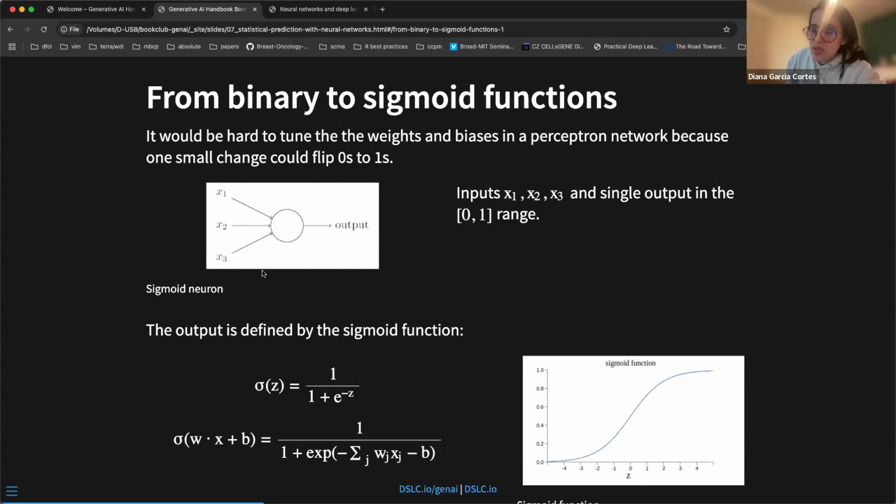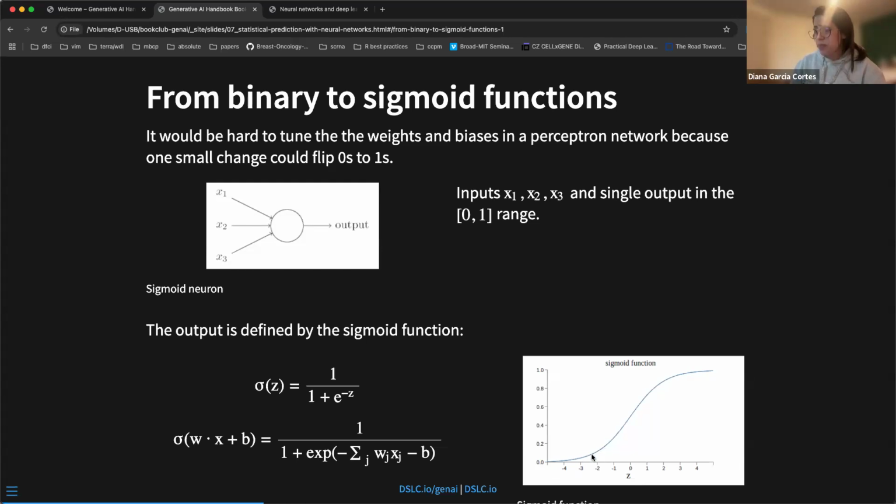Well, they actually don't use the sigmoid function. They actually use another function that's called the ReLU, but the sigmoid function was also used, at least for a while, and it helped us understand the process. So this is the form of the sigmoid function. We can see that this is kind of related to what we were seeing in the perceptron.